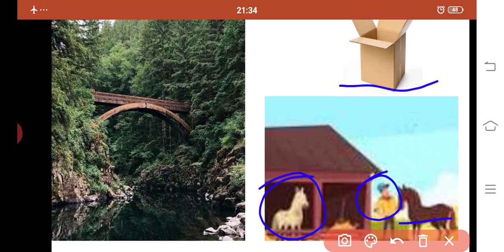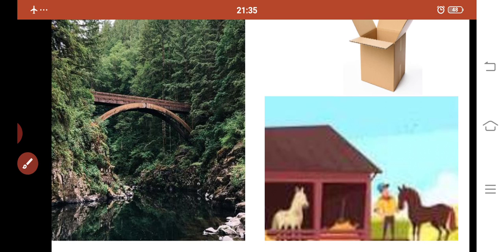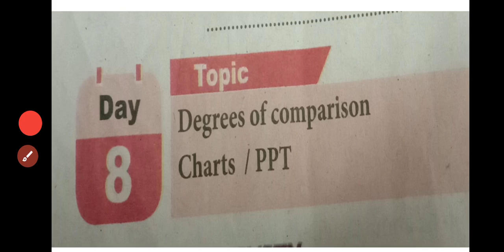In this way we can describe it. Here the words wide, costly and brown are adjectives. In this degrees of comparison we are going to see about the forms of adjectives.